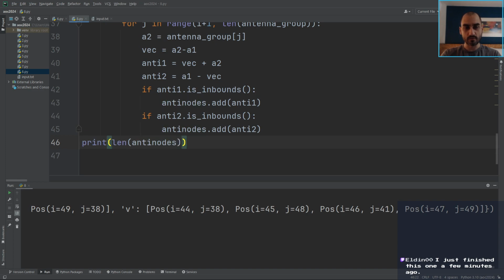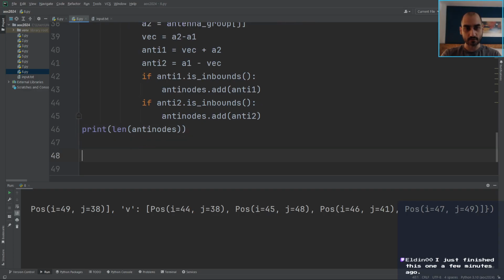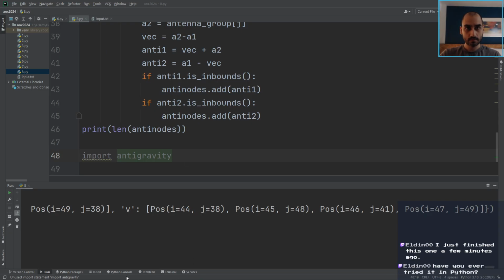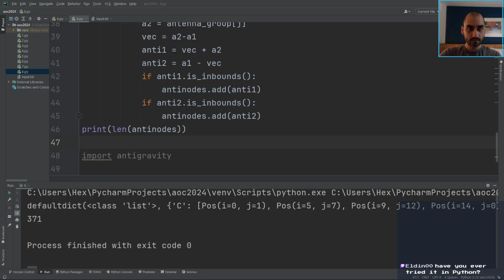Anti-gravity. Oh my god, was that XKCD joke from like decades ago? Import antigravity. Look this up in the doc. Have you ever tried it in Python? Well, let's try running it now. It opens up the XKCD comic in the browser. Hang on, let me do that again.